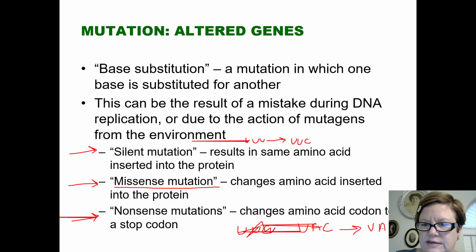So UAC encodes an amino acid, but UAA is a stop codon. So if the mutation creates a stop codon where there's not supposed to be a stop codon, that kind of mutation is called a nonsense mutation. So you have to memorize these: silent, missense, and nonsense. All three of these are types. They are really describing the results of certain types of base substitutions.